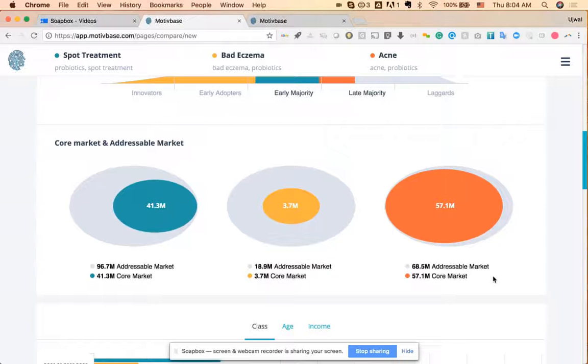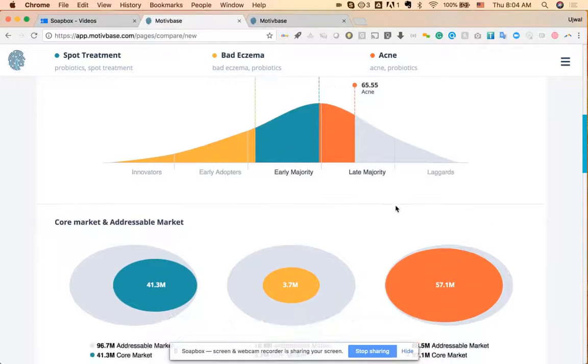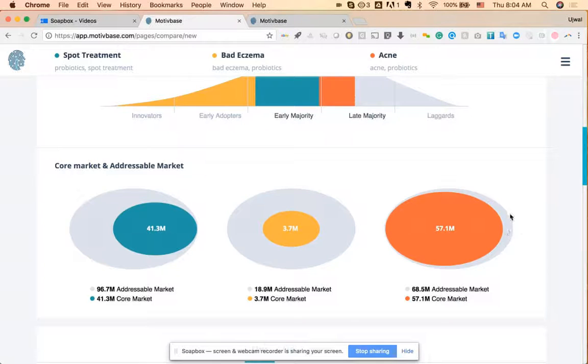But these two seem to be really the opportunity areas. The other thing I notice is that acne is not only more mature on the adoption curve, but its future market potential is also not that much larger than the current core engaged portion of the market. So, core market, 57 million, addressable market, just 68.5 million.